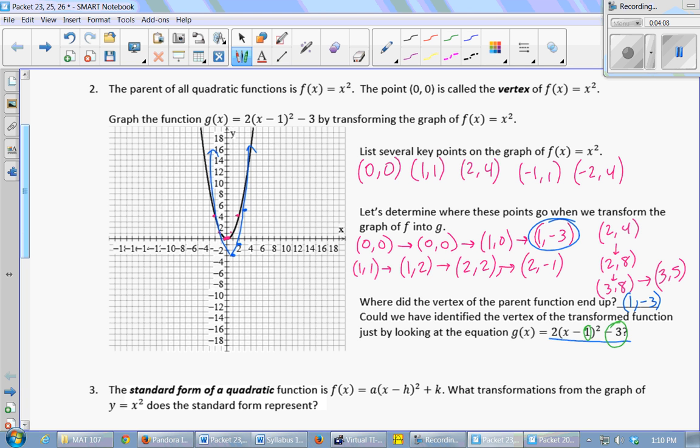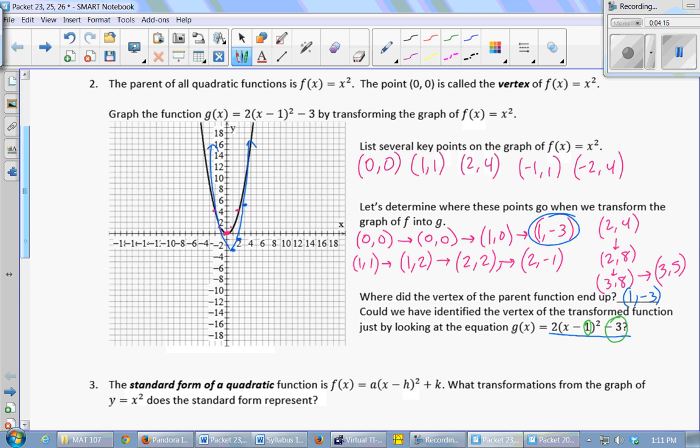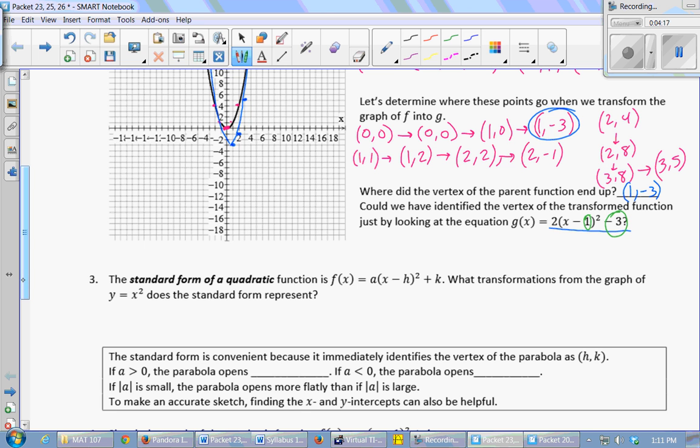So when you write a quadratic function in that form, we call it the standard form. Sometimes you call it the vertex form. You have some number out front, in our case it was a 2, right? Then (x minus h) squared plus k. So (h, k) ends up being the vertex. Okay?